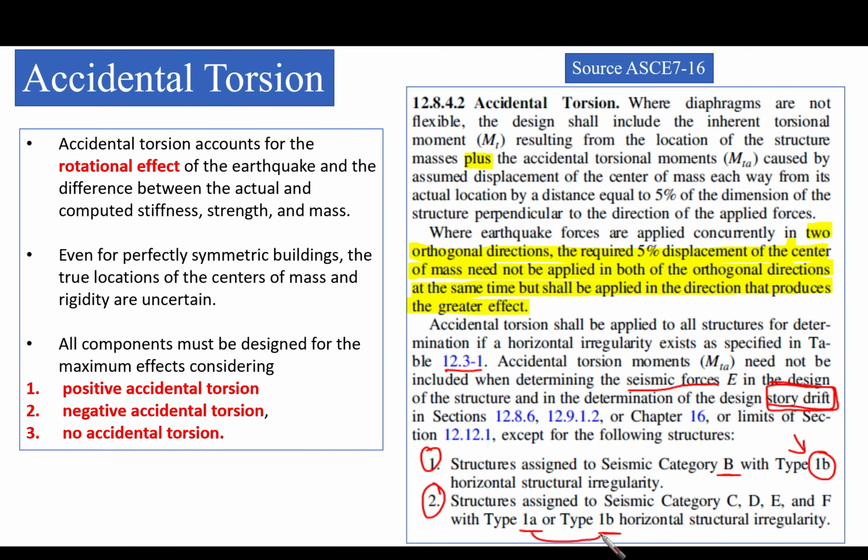Actually, we are not going to go into the details of this because these are exceptions. We need to follow every one, but my main concern is the accidental torsion and when not to use it.